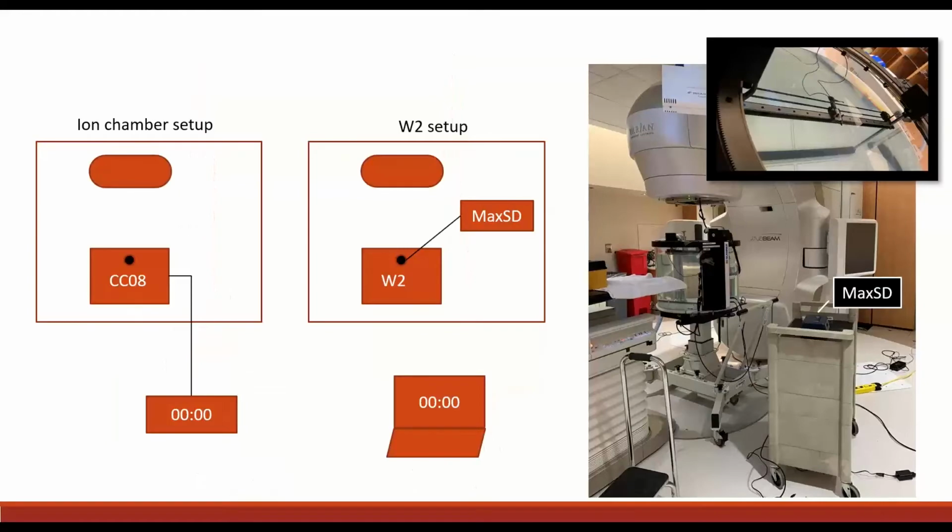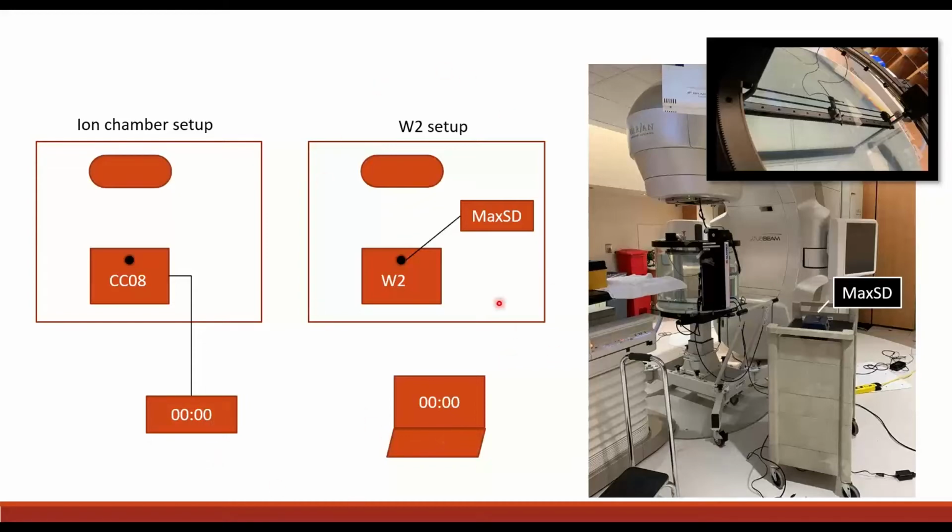So here's a schematic of our setup. For the ion chamber measurements, we used an IBA Dosimetry CC08 as our measurement chamber, and a CC13 as our reference chamber, which connected to an electrometer in the control room.